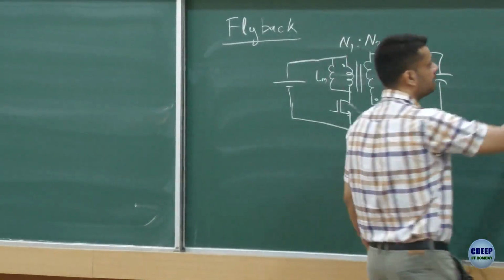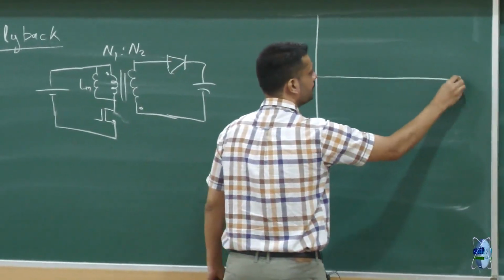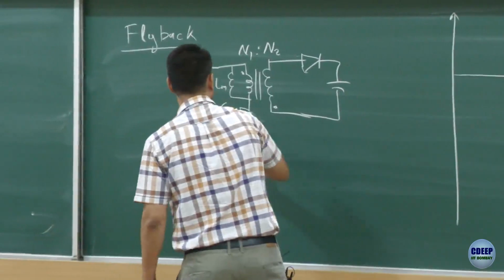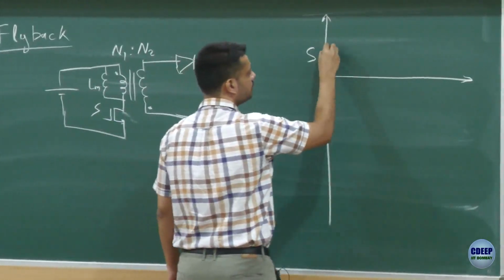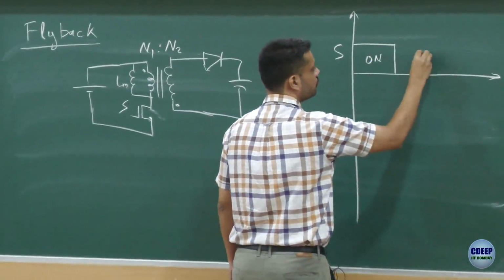So let's start with deriving the input to output voltage. Switch is on, switch is off.